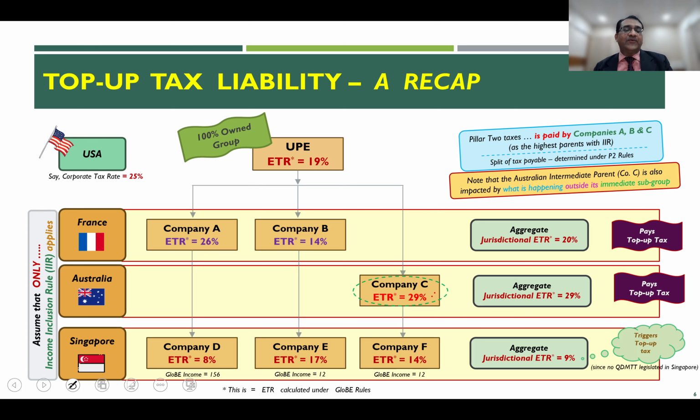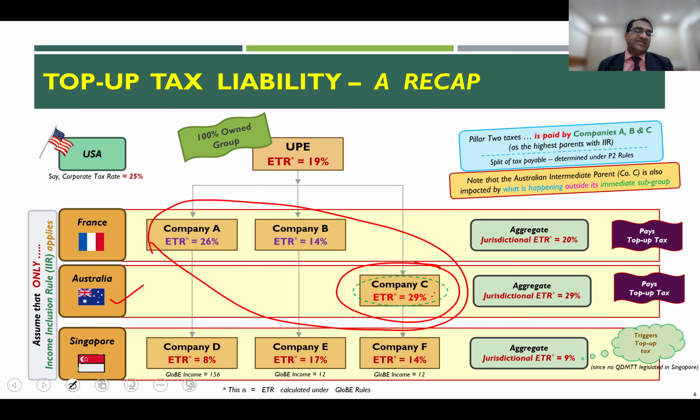Suffice to say at this point in time, you will be able to see that entity C, which is in Australia, has on its own an ETR of 29%. Still, it can potentially be subjected to Pillar 2 rules. Note that the Australian intermediary company is also impacted by what is happening outside of this entity in the group structure.